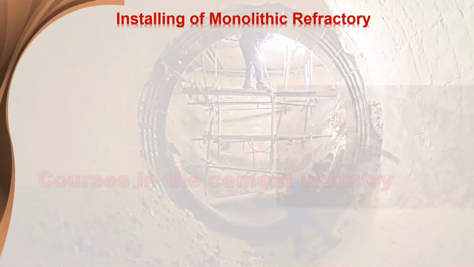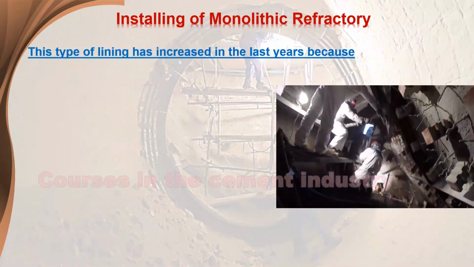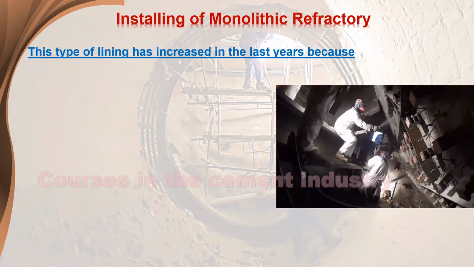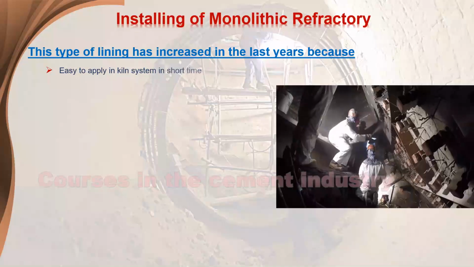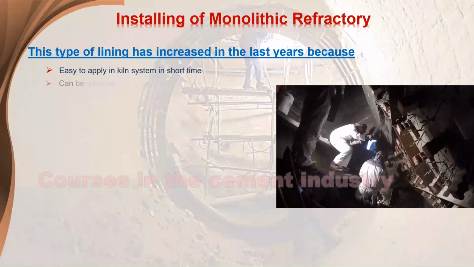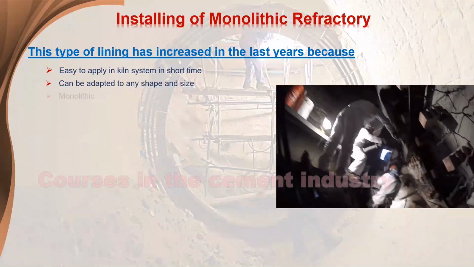Installing of monolithic refractory. This type of lining has increased in the last years because: 1. Easy to apply in the kiln system in short time. 2. Can be adapted to any shape and size. 3.